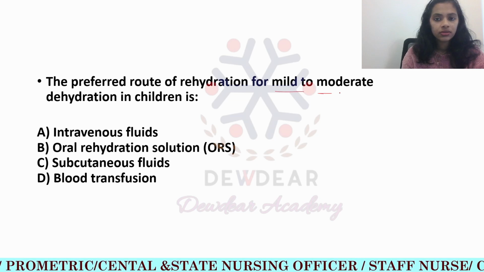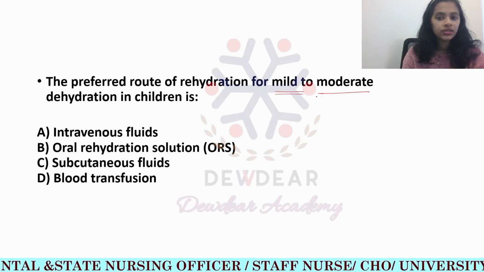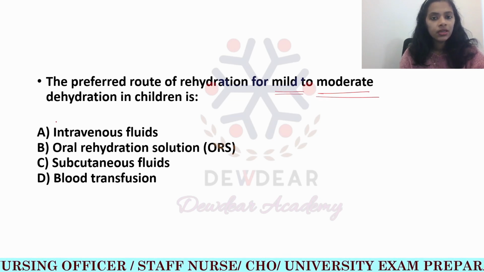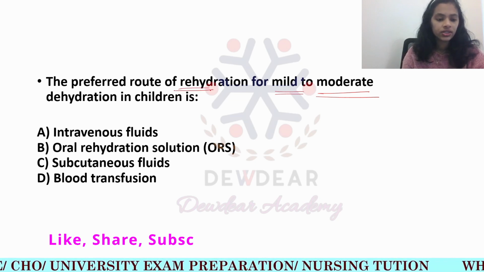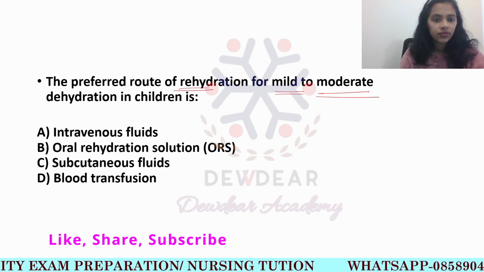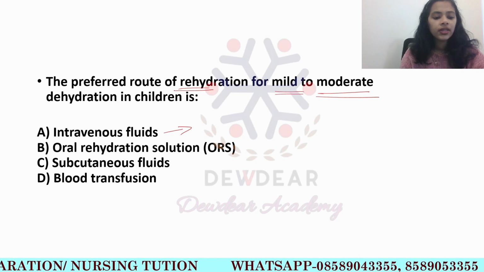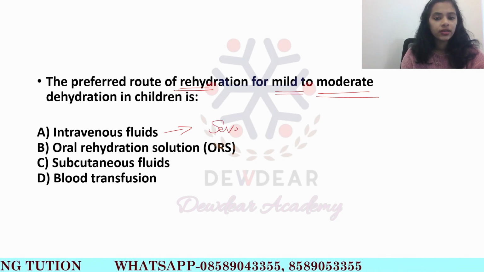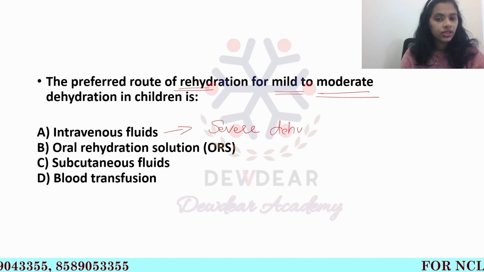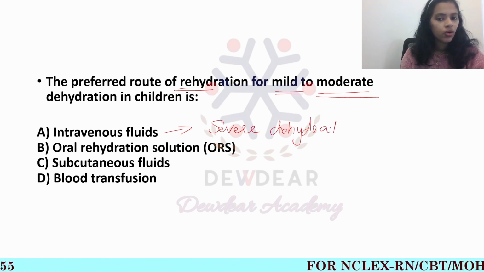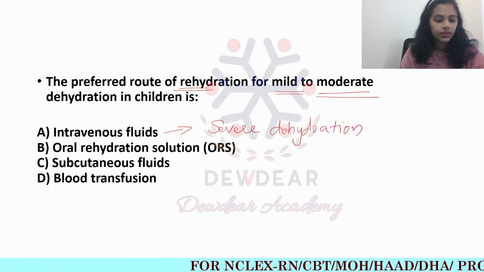The first one is intravenous fluids. This is mainly for severe dehydration. Intravenous fluids are given in case of severe dehydration. Our question is mild to moderate dehydration.